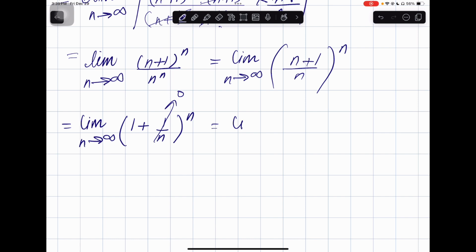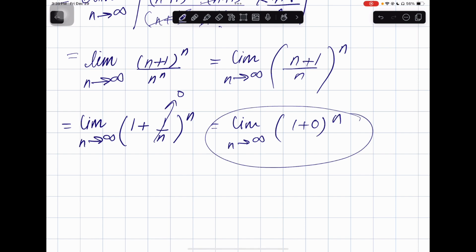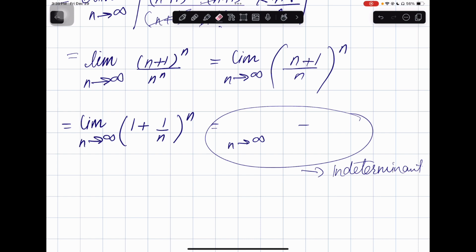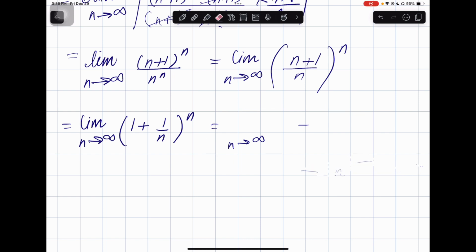So we would have 1 to the power infinity, and this is indeterminate. We don't know what that is, so we need to do something because this is not helping us get an answer. So let's erase this. Now we need to think better.